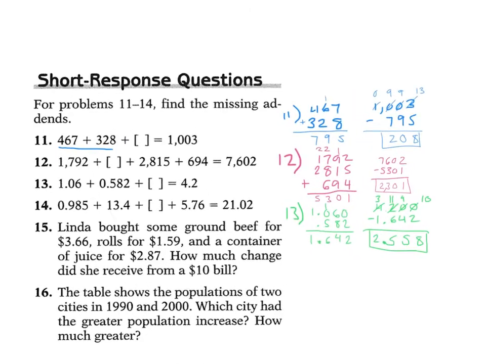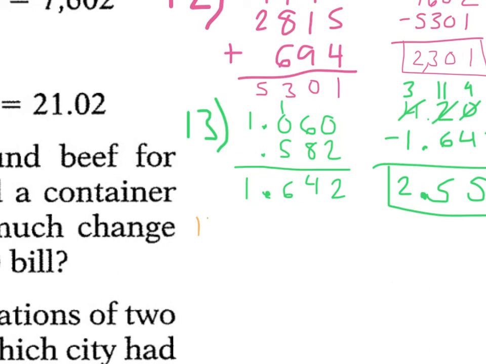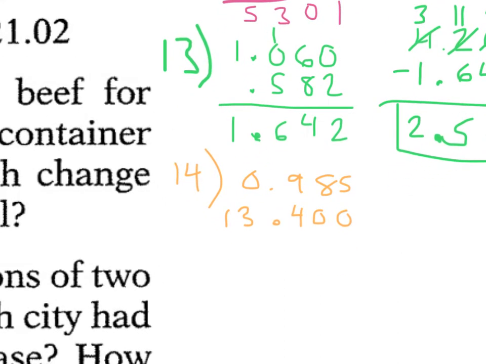Next, we have 14. So we need to add 0.985 plus 13.4. I'm going to add 2 zeros so it has a value for every place. And 5.760.